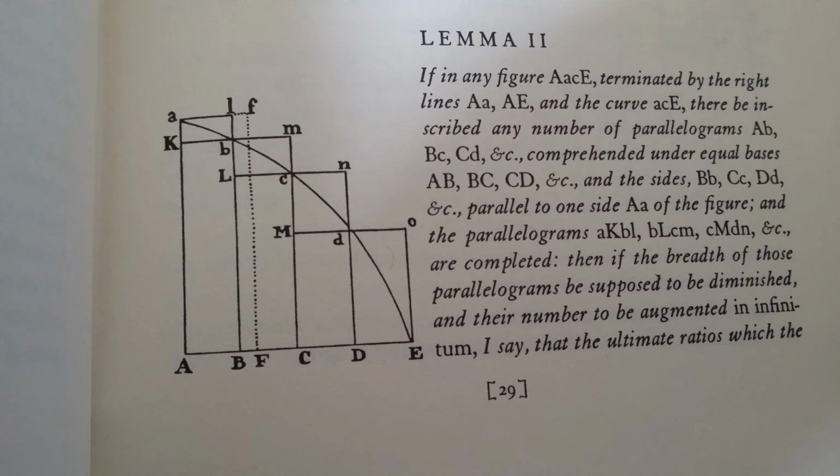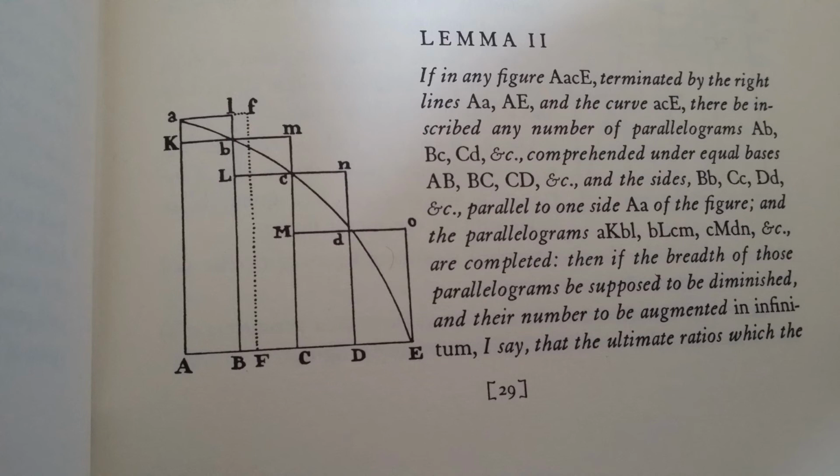Then if the breadth of those parallelograms be supposed to be diminished, and their number to be augmented in infinitum, I say that the ultimate ratios which the inscribed figure AKbLcMdD, the circumscribed figure AalbmcndoE, and the curvilinear figure AabcdE will have to one another are ratios of equality. Wow, this is starting to look like gibberish. So that is just the curved line there.